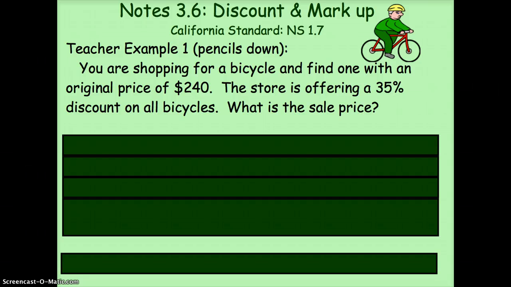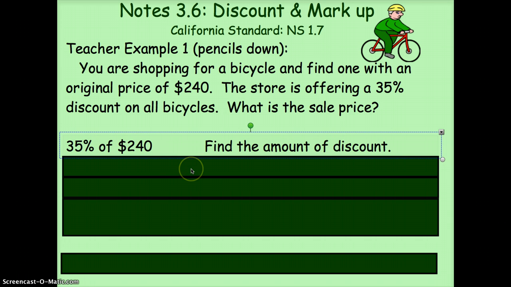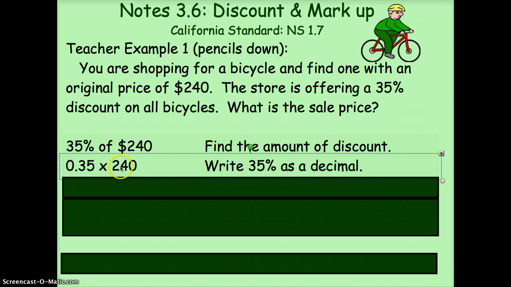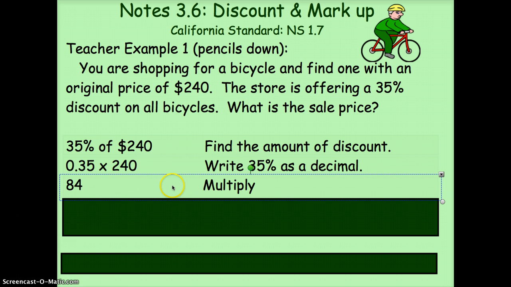And this brings us back to section 3.4, where we talked about how of meant multiply. So when we set it up, we want to find 35% of 240. We're going to multiply. Notice I did turn that percent into a decimal. I can't multiply with percents. I have to turn them into decimals first. Then I can go ahead and do my multiplication.